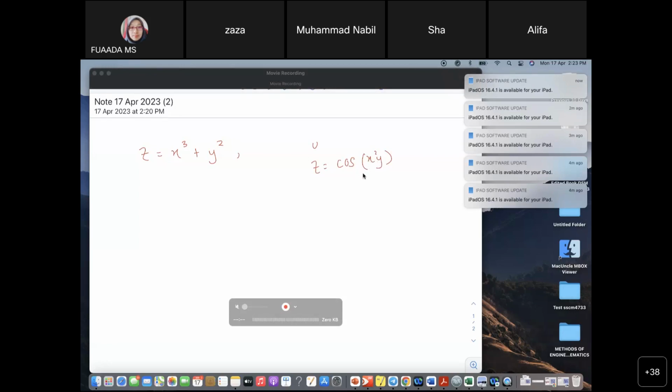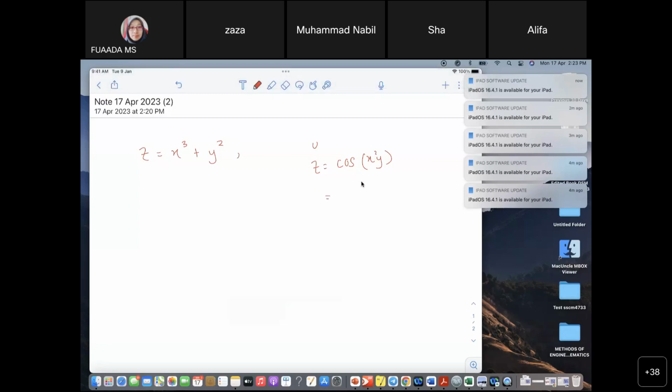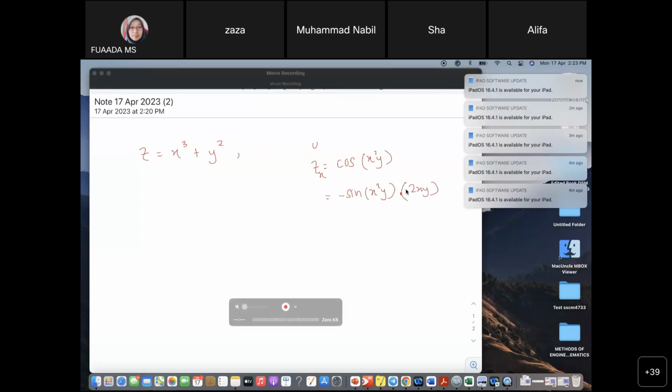So for this case, what you have to do is to differentiate the outer function. You will get negative sine of everything in the bracket, and multiply by the derivative of the inner function with respect to x, so you have 2xy. So ini yang you biasa apply sebelum ni, simple chain rule.